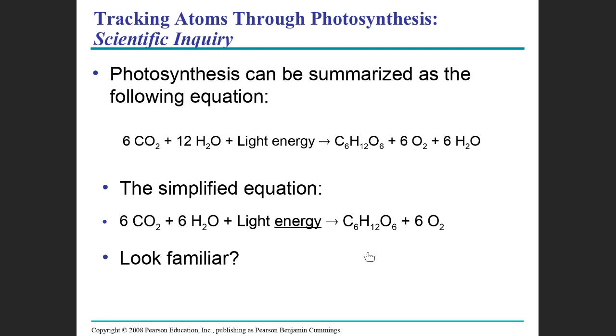So photosynthesis and cell respiration are basically the opposite equations of each other. So this is another equation that you must memorize. So you must know the simplified equation for cell respiration and the simplified equation for photosynthesis.